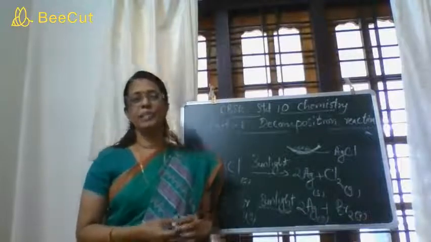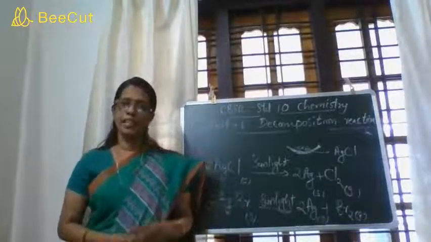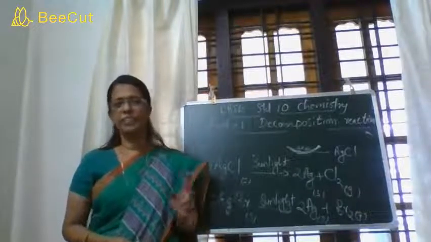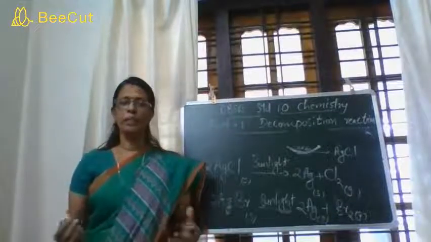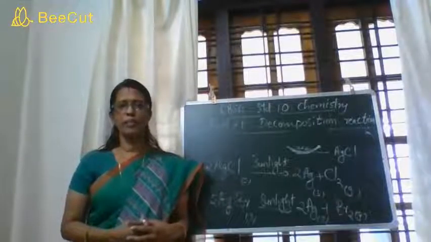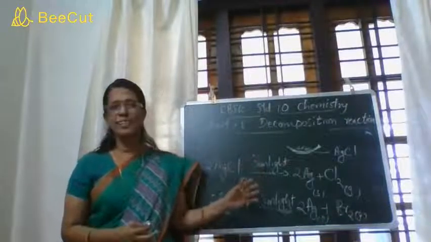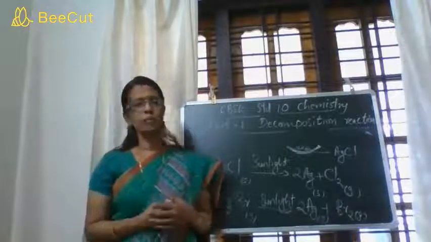Then we have discussed different types of decomposition reaction: decomposition with the help of heat, with the help of electricity, with the help of light. You may have a number of questions from this topic, so study well and then write the equations. You may be asked to write the equation for a certain reaction.